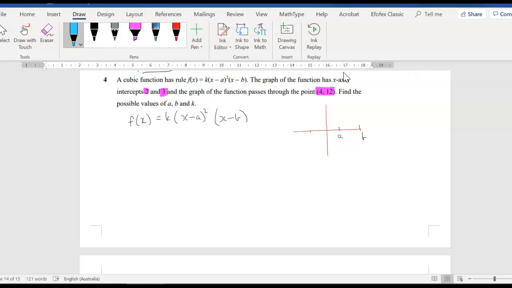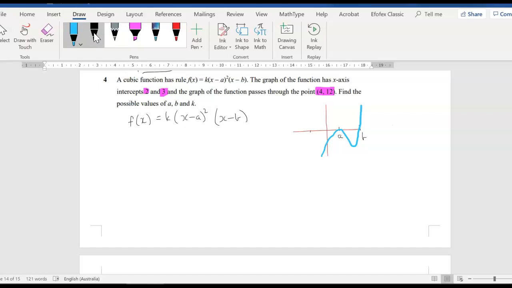All right, so your cubic is going to sit on A. So let's say it goes something like that, comes back down and then up like that. All right, so A is a repeated factor because it turns at A.